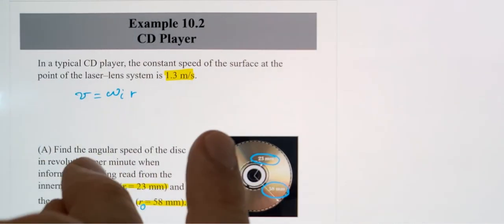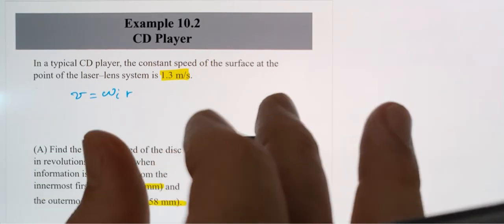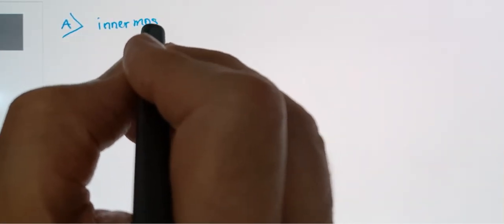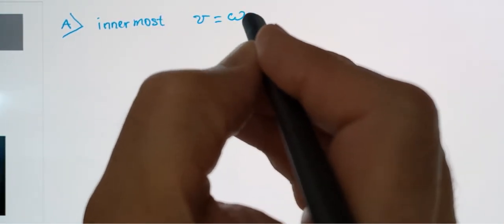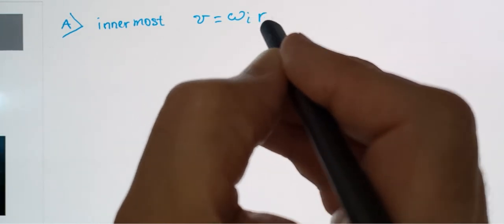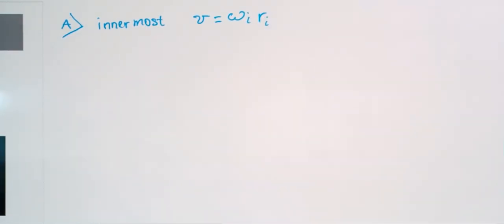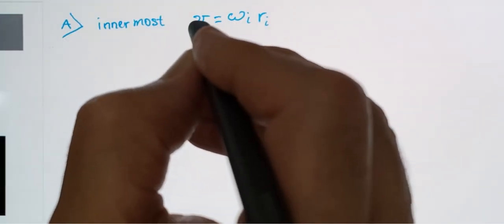Okay, so let's now apply our mathematics. For the innermost, we have V equal to omega I times R I, the innermost radius. In our situation, as we said, V is constant.